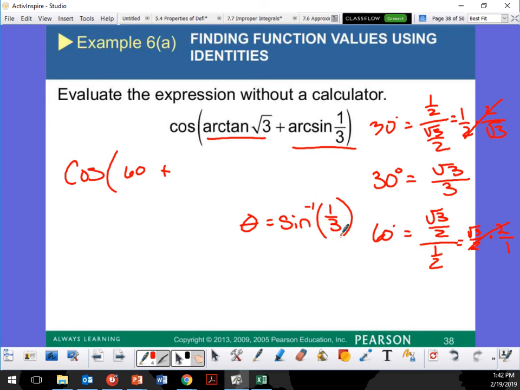Sine theta is going to be 1 over 3. So y is 1, r is 3. And so, let's see, x equals square root of 5.